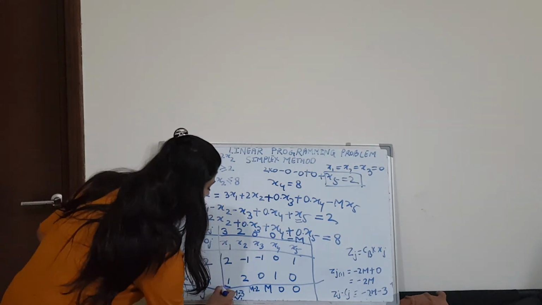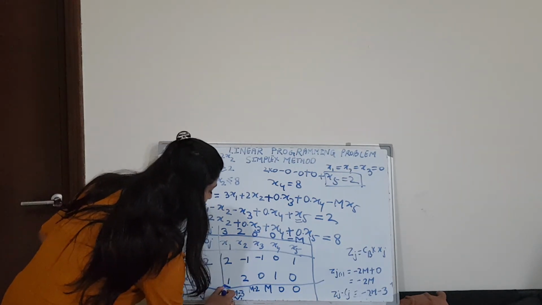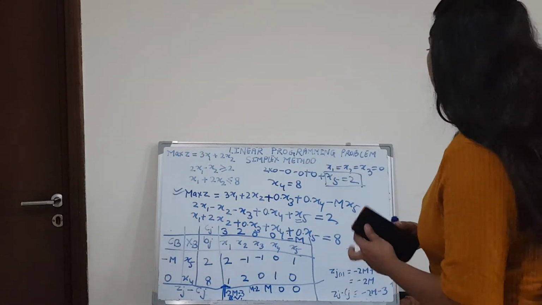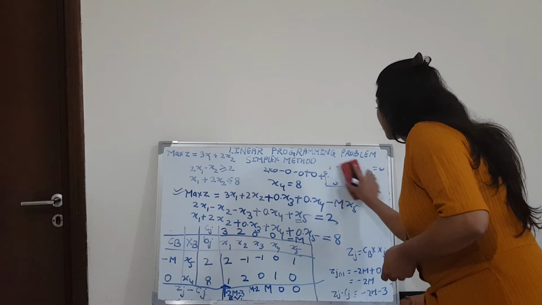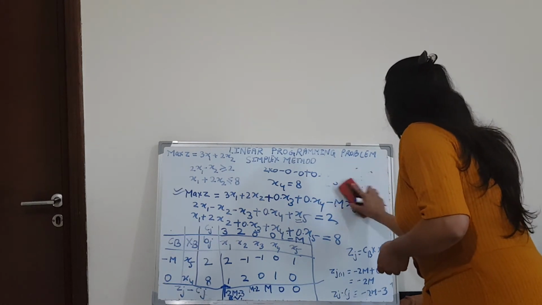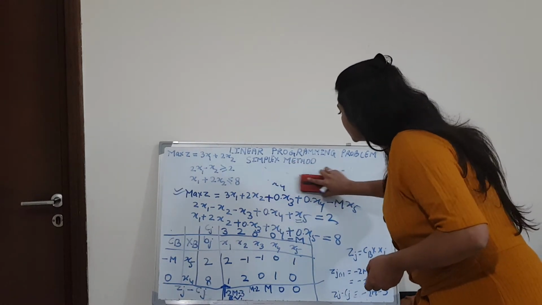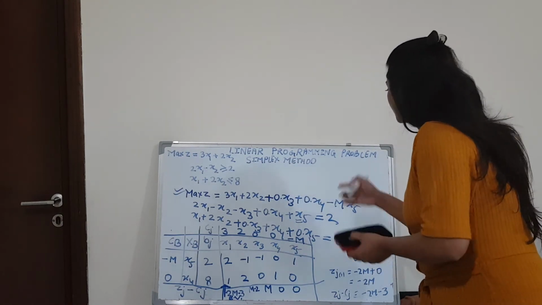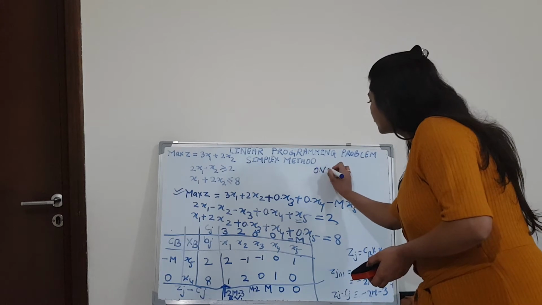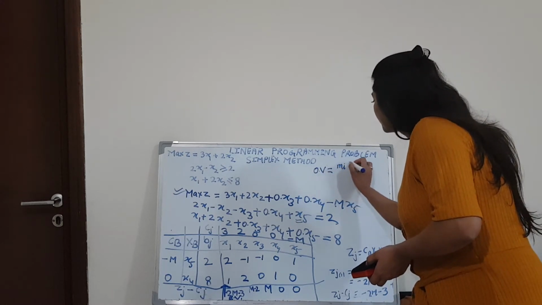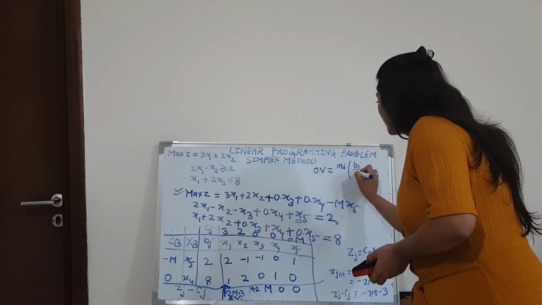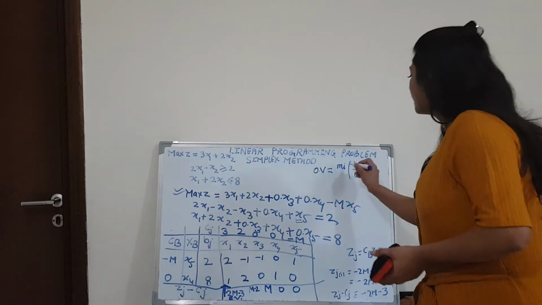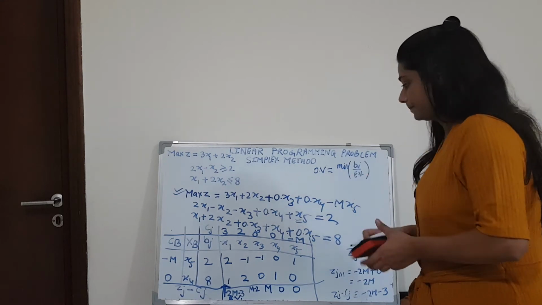The outgoing vector formula I have also told you in my previous video. The outgoing vector formula is minimum Bj upon entering vector.